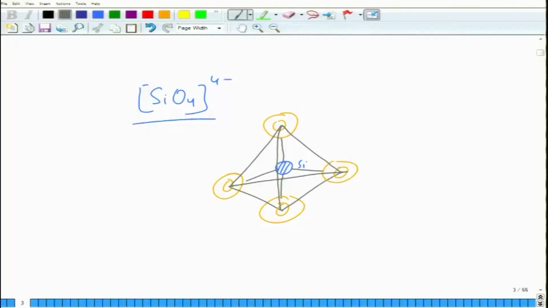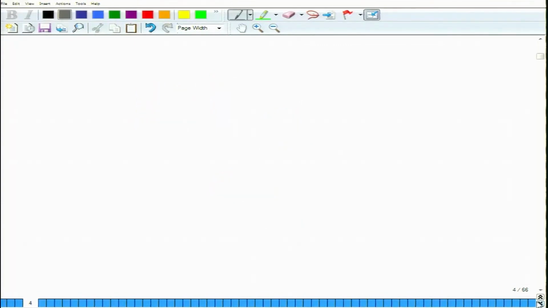One way to do that was to make a hexagonal network in which you have corner sharing of atoms. So, the structure that we drew last time was like that.